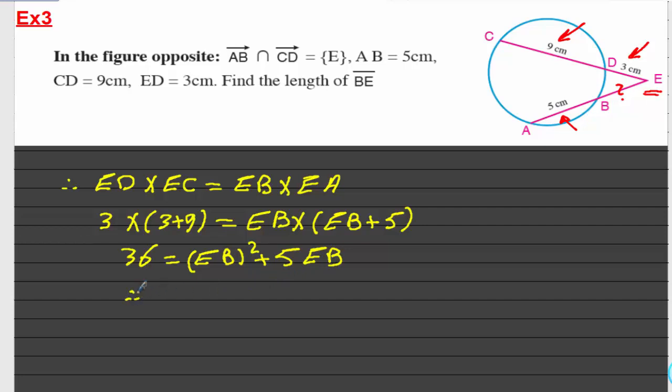And now we can make an equation. EB power 2 plus 5 EB minus 36 equals 0, and you factorize it here.